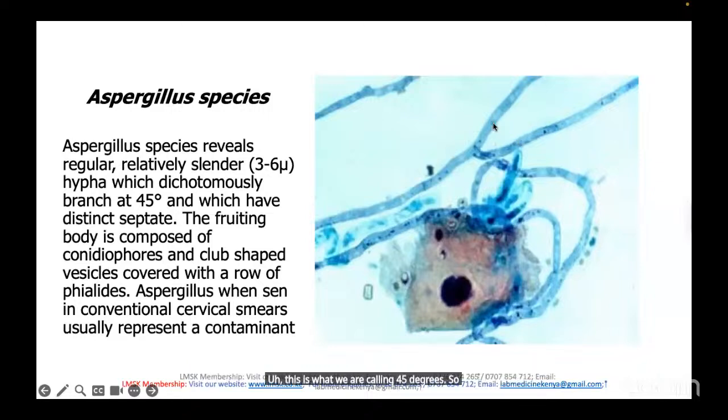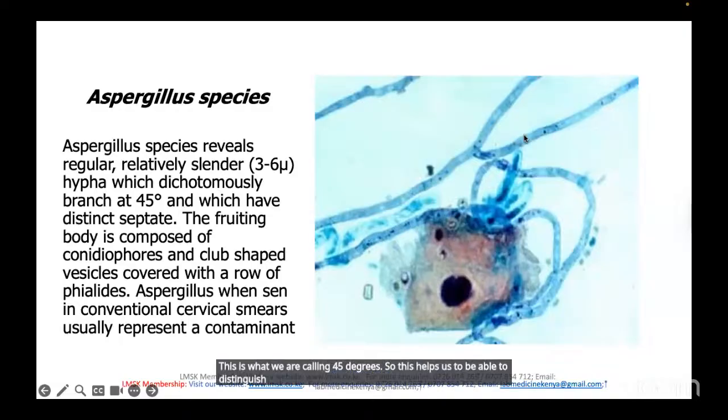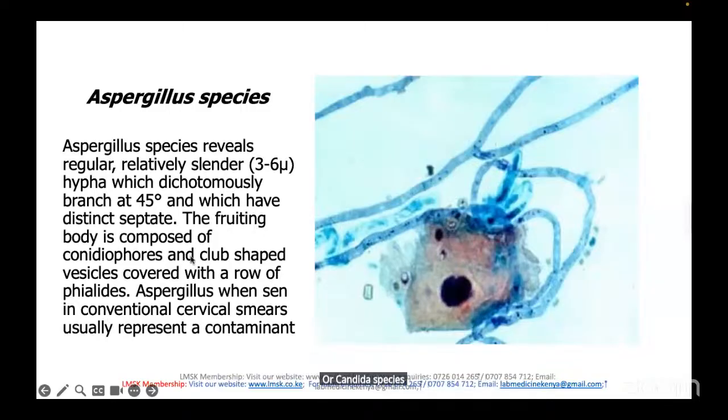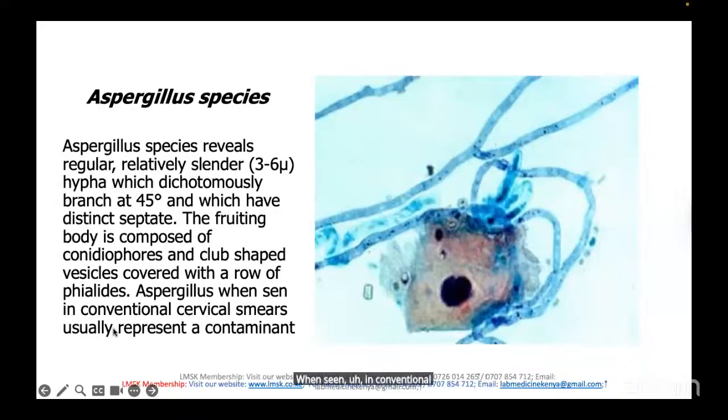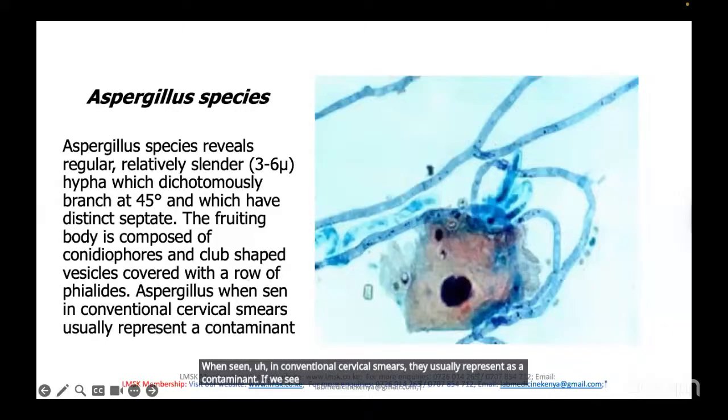This helps us to distinguish Aspergillus from Candida species. And the fruiting body is composed of conidiophores and club-shaped vesicles covered with a row of phialides. Aspergillus, when seen in conventional cervical smears, usually represents a contaminant. If we see aspergillosis in a pap smear, it is usually considered a contaminant.